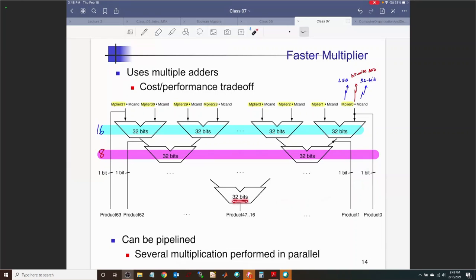This 32-bit adder will give you bits 47 to 16, 32 of them, and then the next ones will give you all the way up to 63, making it a 64-bit product. Now, 2 questions we can ask here. How many adders do I need to complete this process?